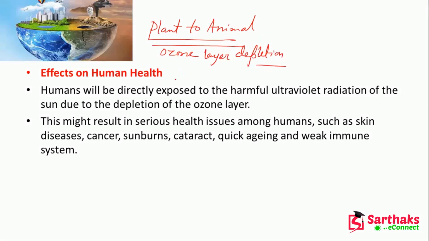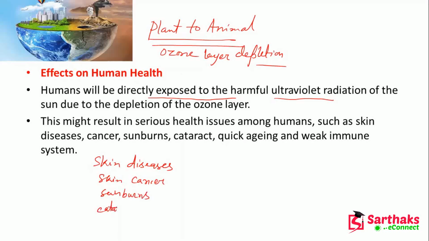So humans are directly exposed to the harmful ultraviolet radiation. So it results in skin diseases, skin cancer, sunburns, cataract problems may arise, quick aging, and also a weak immune system.